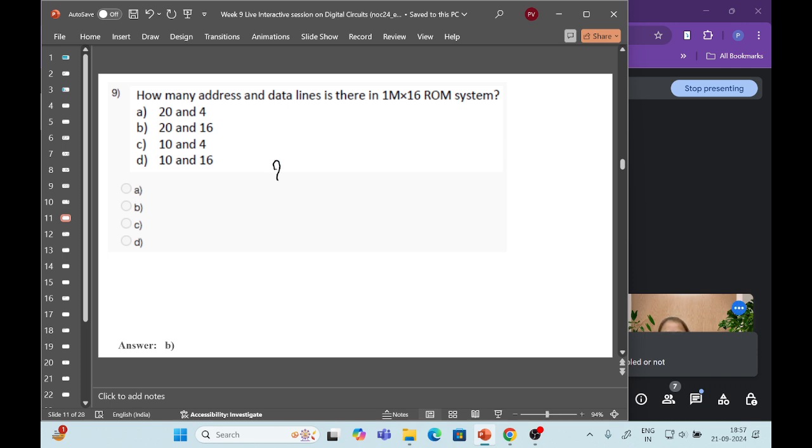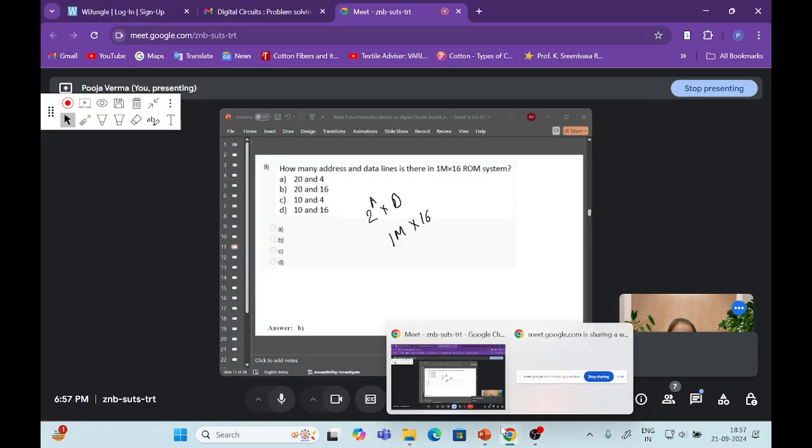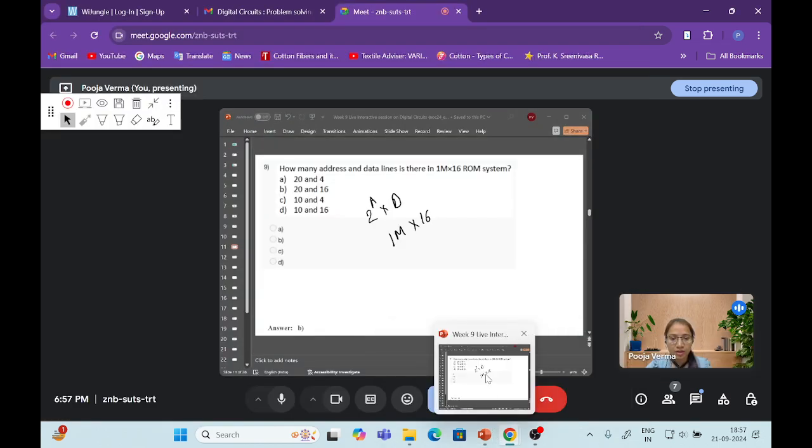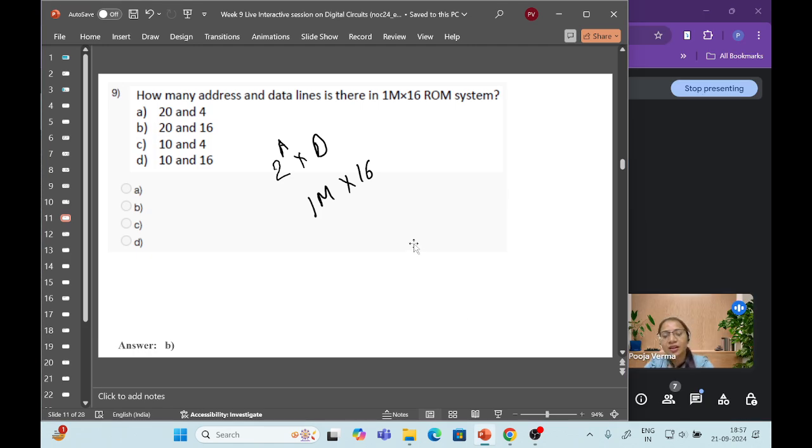I already told you, it is 2 to the power A into D, where D is the data lines and A is the address lines. Now we put it this way: 1M into 16. M means 2 to the power 20, so it is 2 to the power 20 into 16.